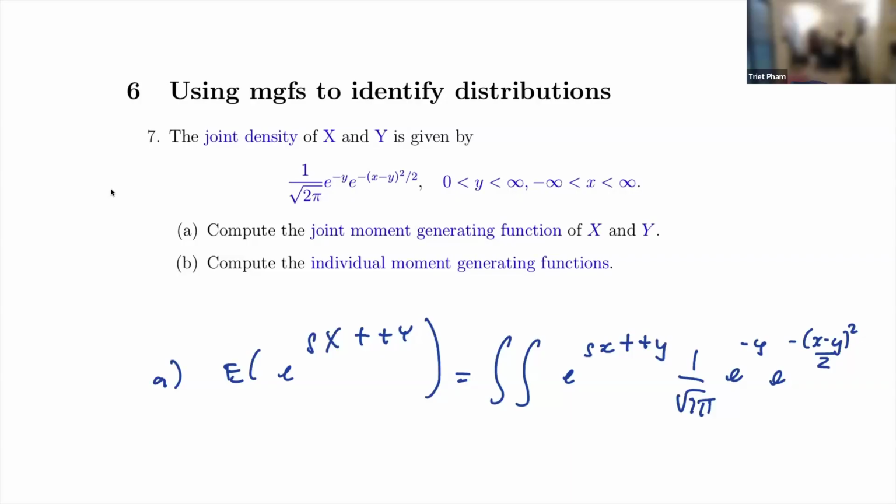So the answer here is you should do dx dy, because if you look at it for a fixed y, then this part right here is the PDF of a normal with mean y and variance 1.